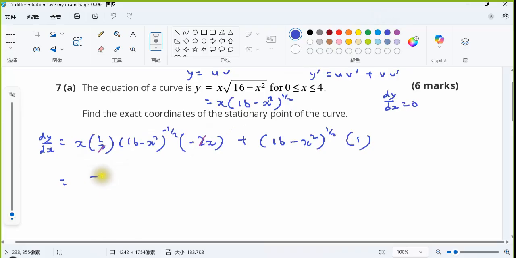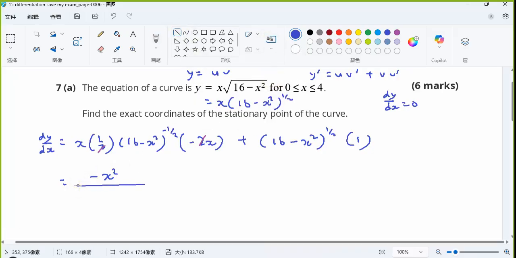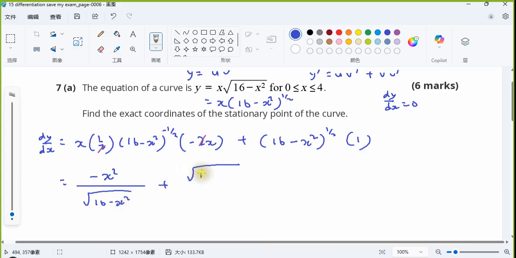So we have negative x squared over the square root of 16 minus x squared, plus the square root of 16 minus x squared. The denominator for this is 1.